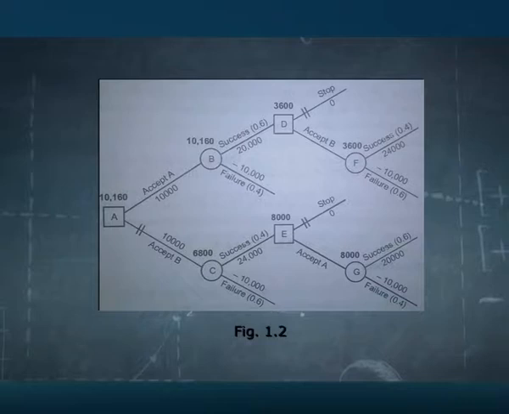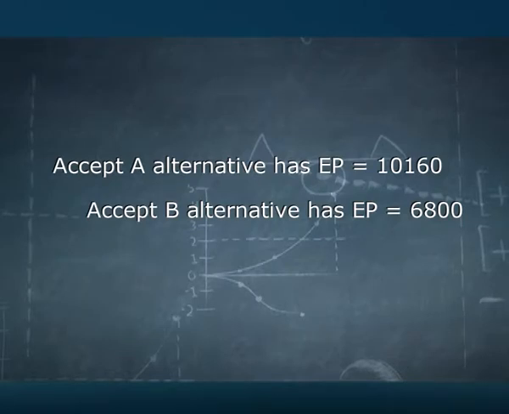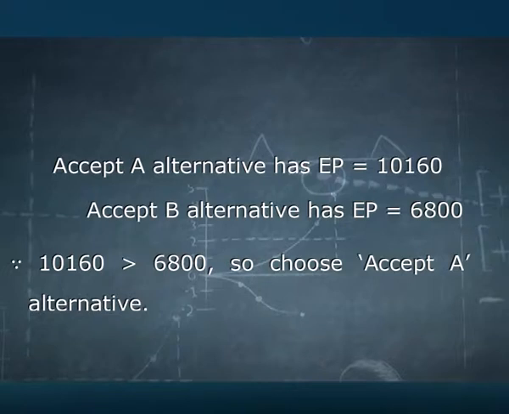Finally, we move left to node A, a decision node. For this node, we find that the accept A alternative has EP equal to 10,160, and the accept B alternative has EP equal to 6,800. So 10,160 is greater than 6,800, so choose the accept A alternative.